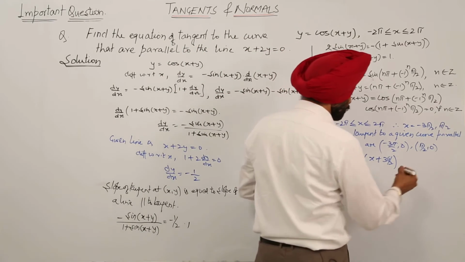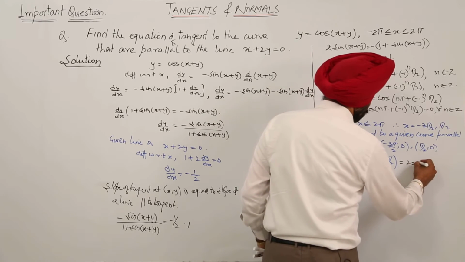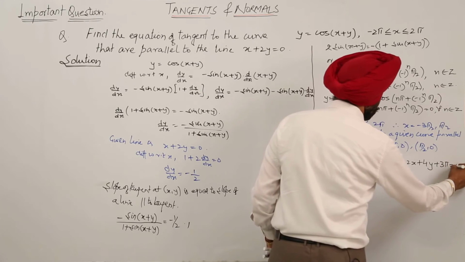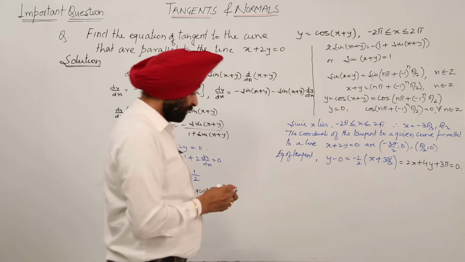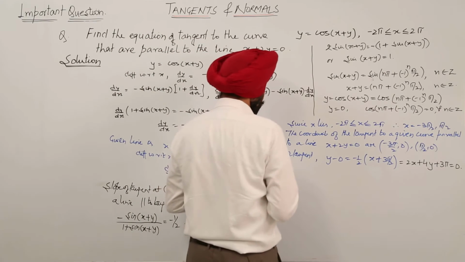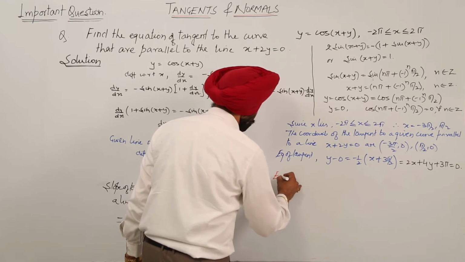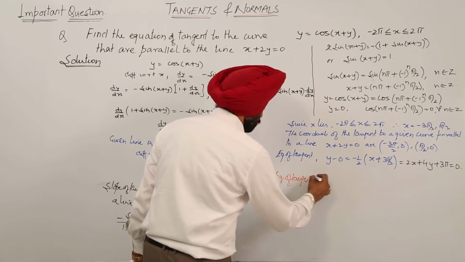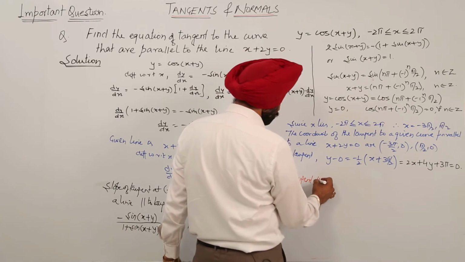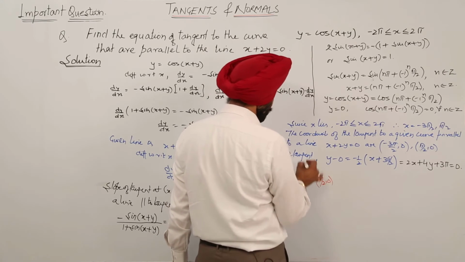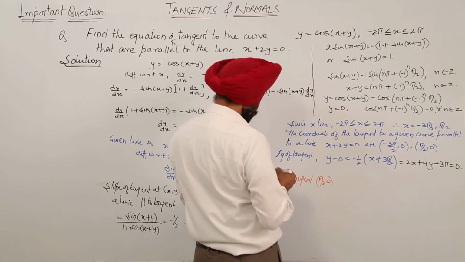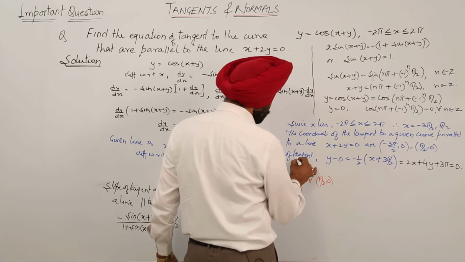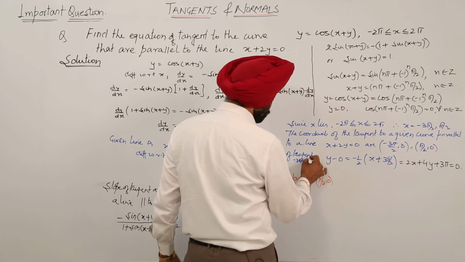After solving we are getting 2x + 4y + 3π = 0. Then again for the second equation of tangent, just mention here the coordinates (π/2, 0), and here it was for (-3π/2, 0).